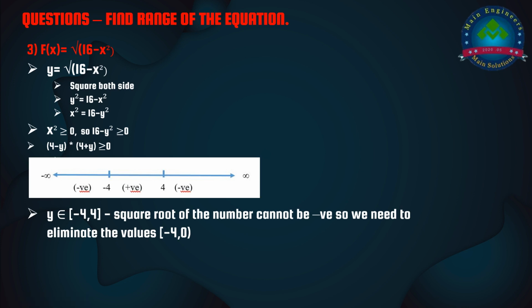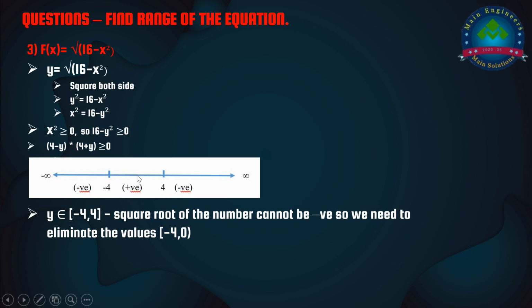In the initial function, the root of any number is non-negative. That means the output is always either 0 or more than 0. So we have to eliminate the numbers from the negative region.